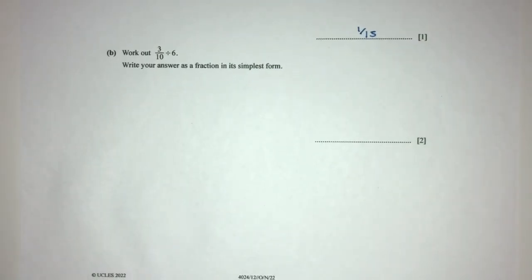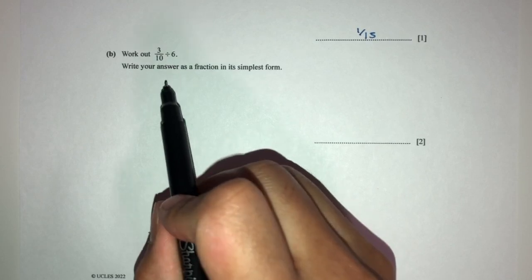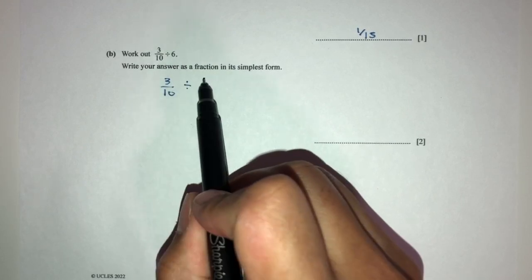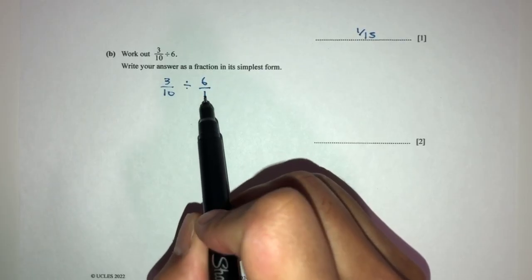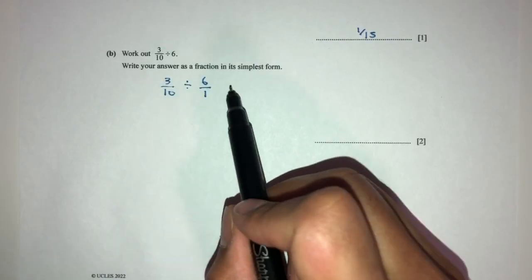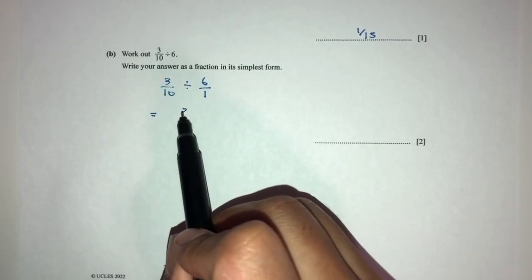Now for part B, we have to work out this one. You can choose the way you would like to work it out. It's up to your preference. So you can always change that to what? 3 over 10. What does 6 mean? 6 means 6 over 1. Now obviously every time we know we have to change that sign. So this is also equal to 3 over 10.